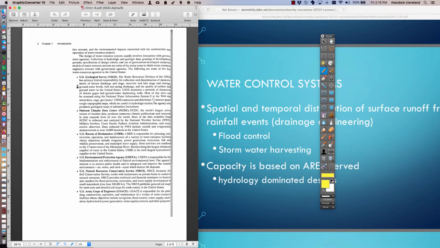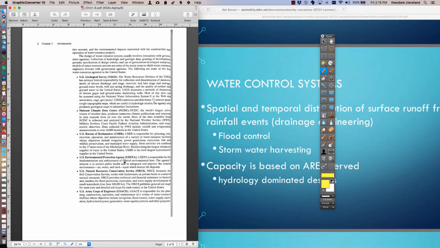On the next page, it presents a list of United States government agencies that are primarily involved with water engineering. And in no particular order, the United States Geological Survey, the National Climatic Data Center, Bureau of Reclamation west of the Mississippi, the east of the Mississippi is largely Corps of Engineers country, although they work out west too, as does the Bureau of Reclamation work in the east.